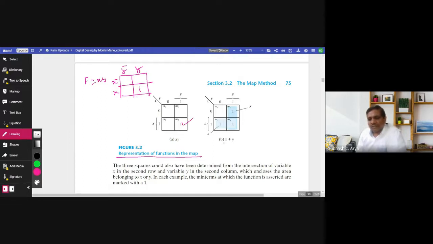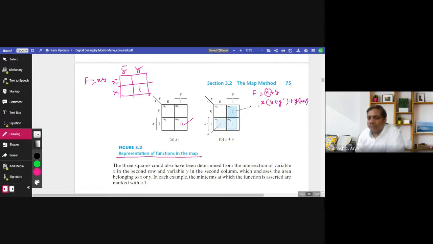Similarly, suppose the function is given as f is equal to x plus y. This I have to represent. In the x term, y is missing. So can we find the y term? Right here, x times y plus y bar, which means we are multiplying with 1. Then for y, we multiply by x plus x bar.